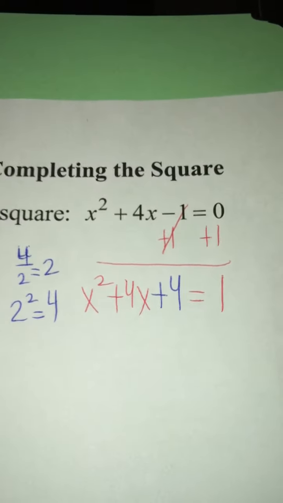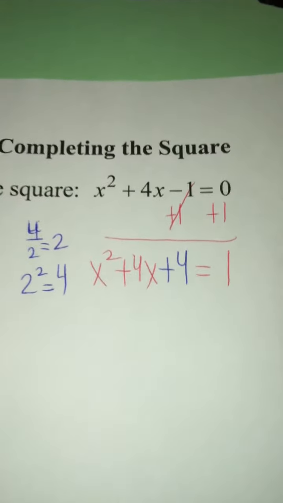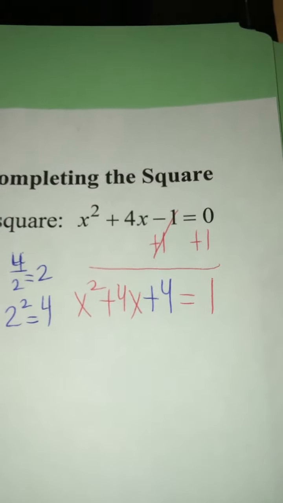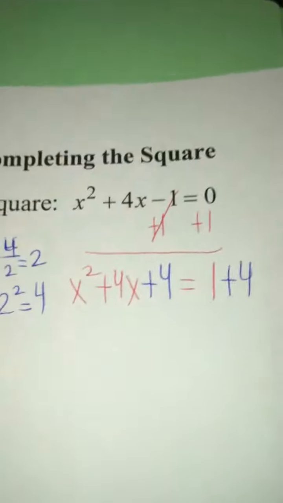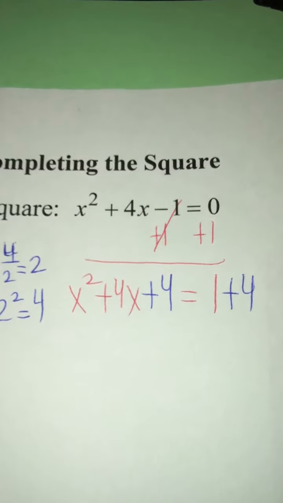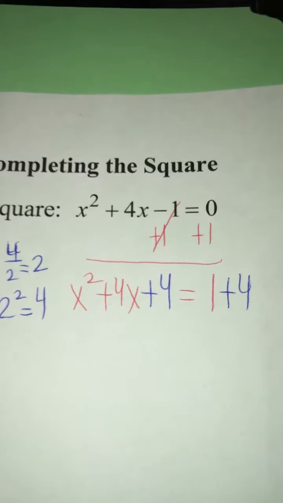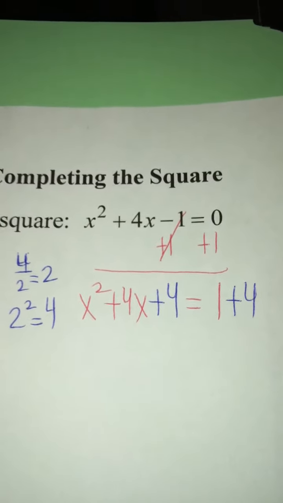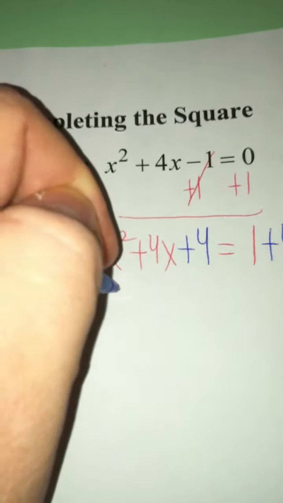Whatever you add to the left-hand side, you must add to the right-hand side to balance out the equation. So we need to add 4 to the right-hand side as well. The left-hand side is just a basic trinomial that we can factor as x plus 2 squared.